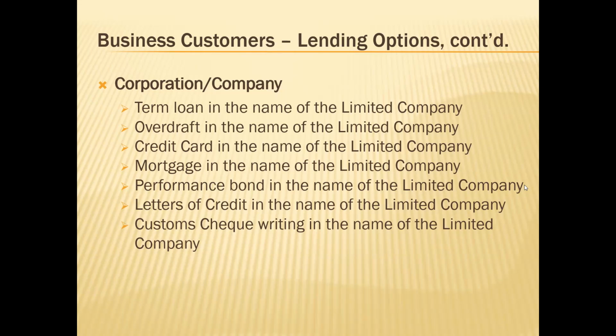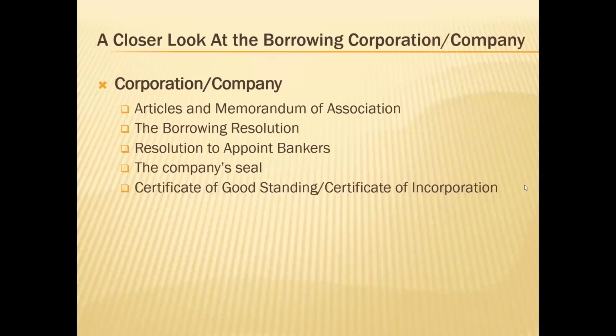Okay, so let's move on to the middle of page 12, where we discuss and review the relevance of the company's articles and memorandum of association to us as lenders. So let's look at the borrowing company, okay? Because that affects the borrowing company.